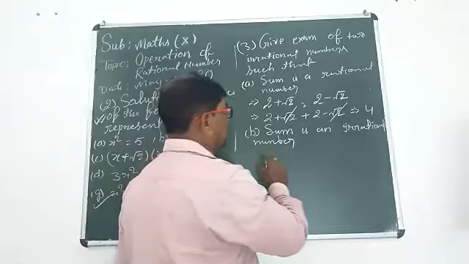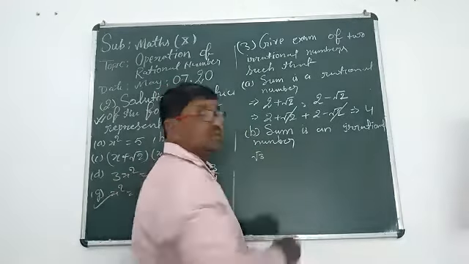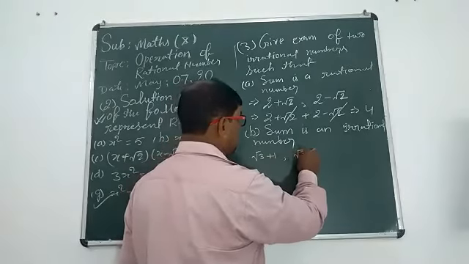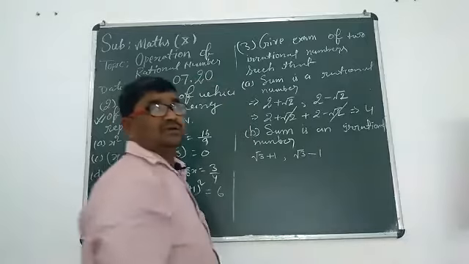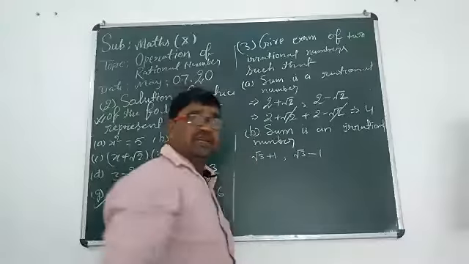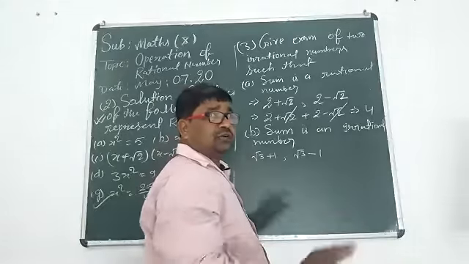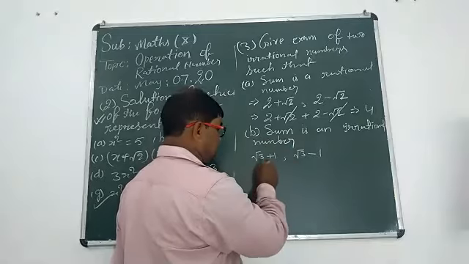Suppose you give the example under root 3 plus 1 and under root 3 minus 1. These two are irrational, no doubt in it. Now, find the sum.